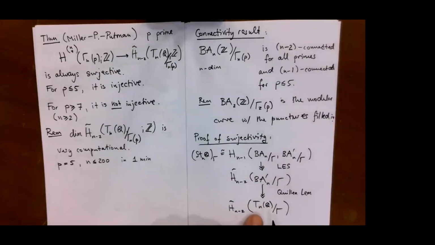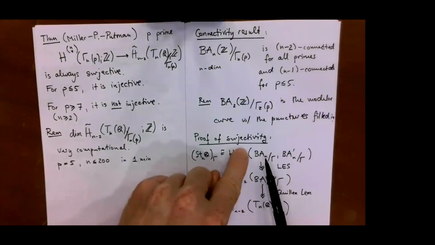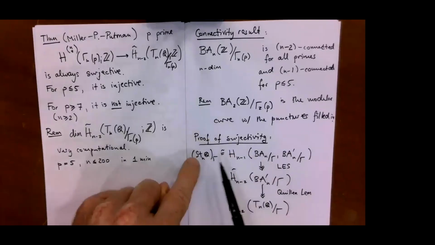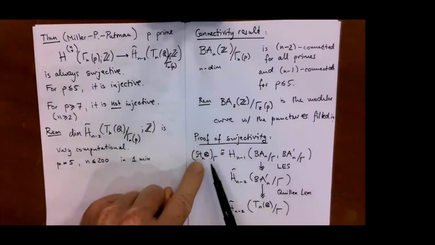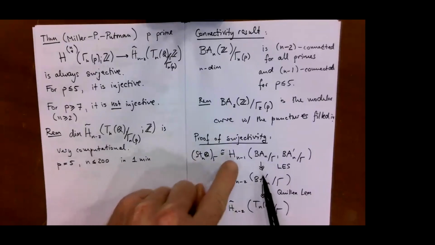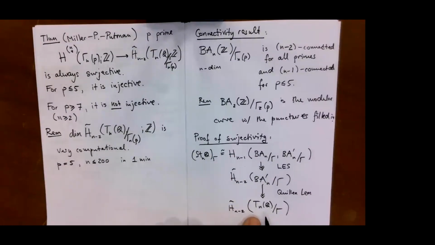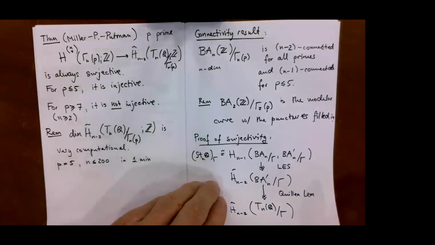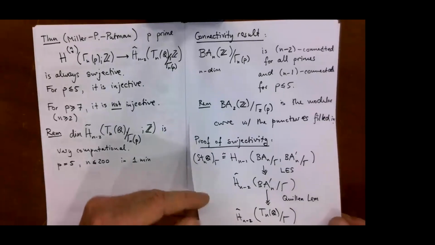Before, we knew that this was Steinberg, and then we went backwards to show that this is a presentation. Now we know this gives me a presentation of the Steinberg module and show that that's actually the same as this homology group. Kind of funny how that works.